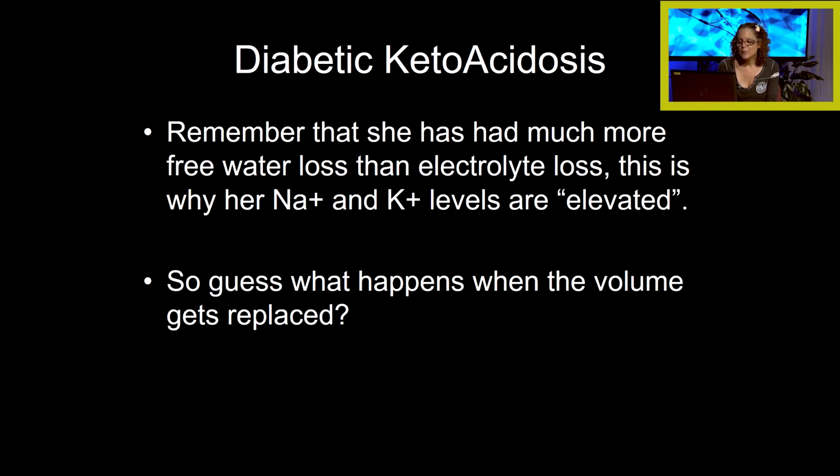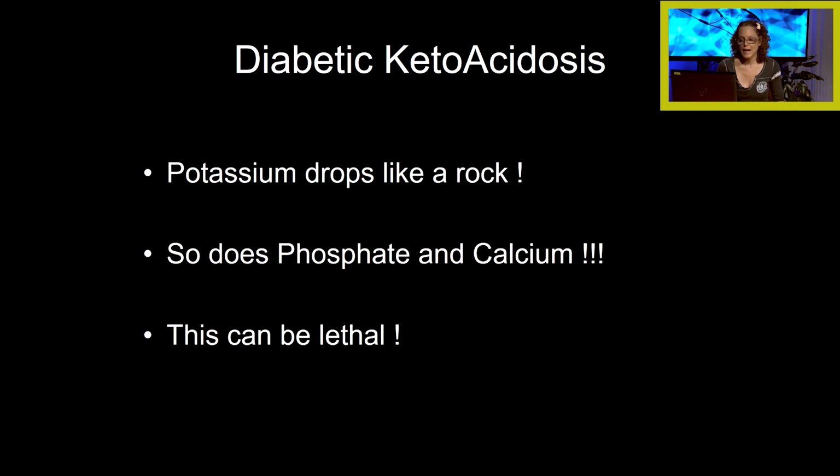So guess what happens when the volume gets replaced, okay? If we start giving this person fluid replacement, we are going to have their potassium and their phosphate and their calcium drop like a rock, and this can be lethal. All right.